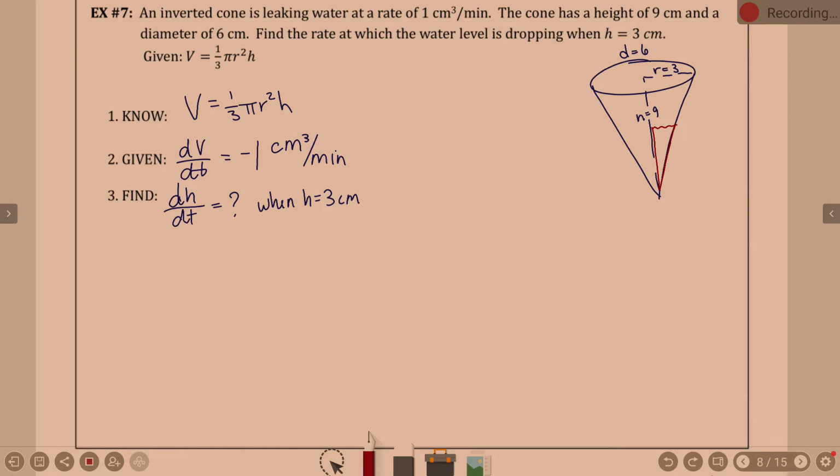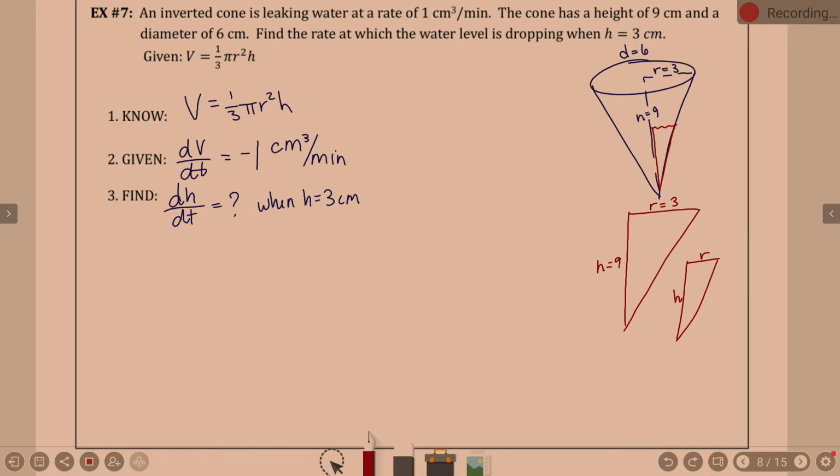You have a big triangle and a small triangle. The big triangle is what we are given, where the height is 9 and the radius is 3. The small triangle is what we don't know, where the water is leaking out, at some height and some radius. Yes, eventually H is going to be 3, but we don't want to use that right now.